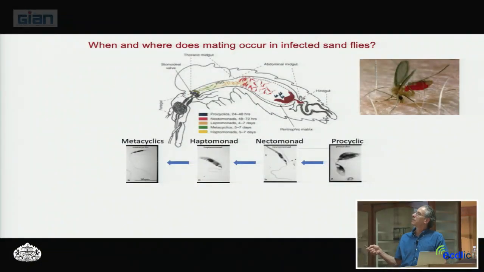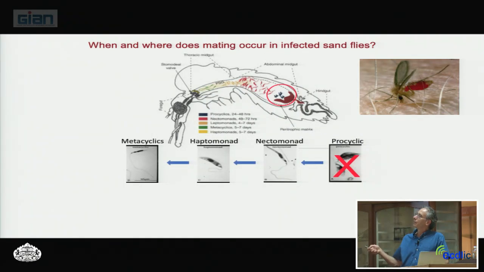So when and where does mating occur in the flies? These are the different forms of the parasite that we've talked about. Now we're dissecting out the midguts of flies that have been co-infected with these two drug-resistant lines and then submitted to double drug selection pressure.